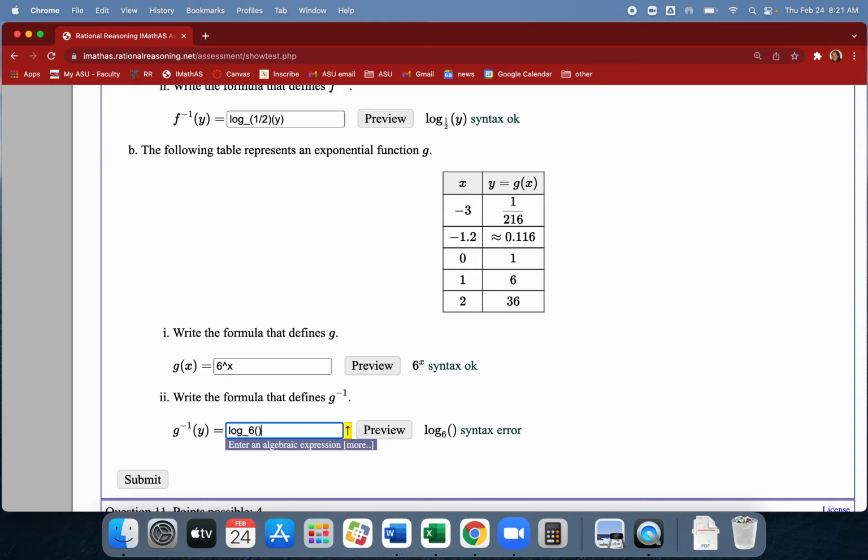I just have to pick my something, right? Well, if I think of that first statement as saying y equals 6 to the x, I could rearrange that into logarithmic form as x equals log base 6 of y. And that's all we're doing with these.